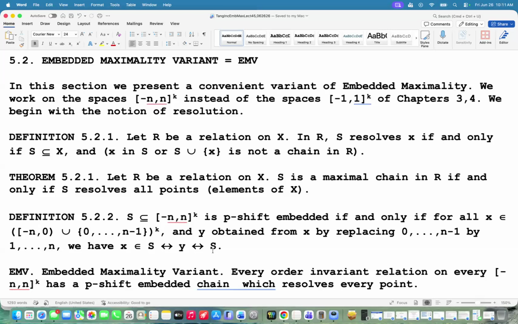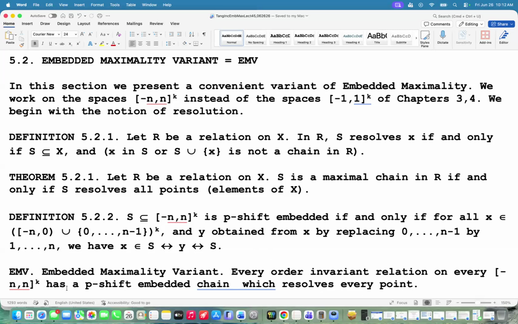Okay, so then you can prove that this is actually equivalent to the notion of maximal chain. So S is a maximal chain if and only if S resolves all points. Okay, so being a maximal chain just means that you resolve all points. Probably this is not really right.